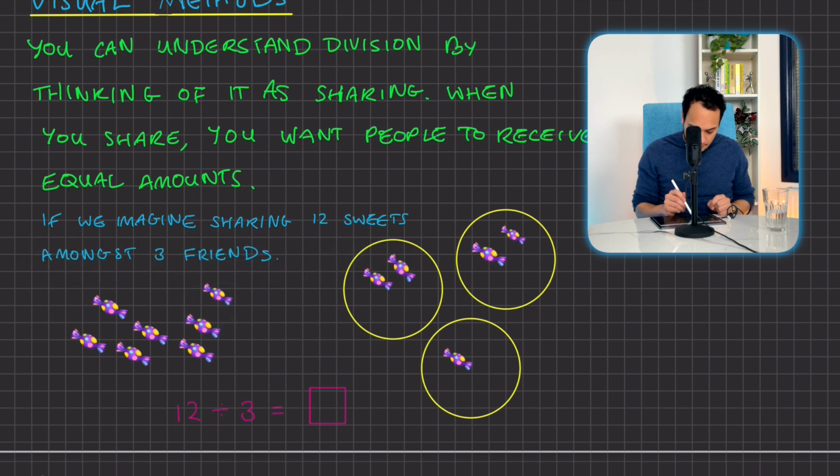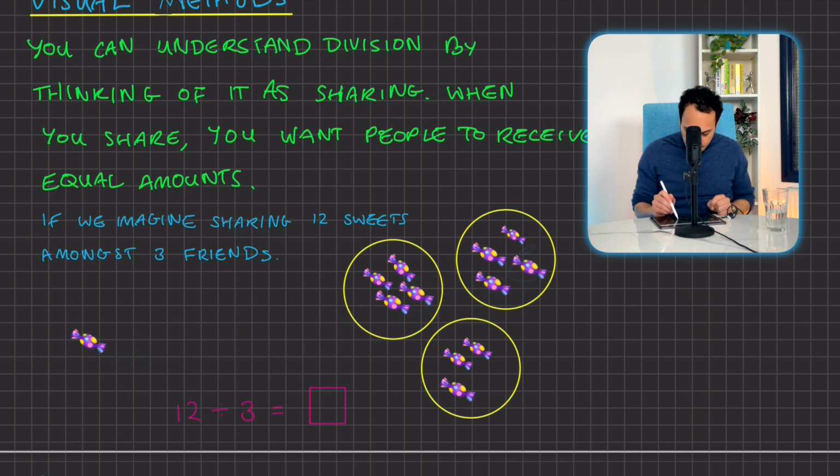So I'm moving that one. So they're getting 2. Then they're getting 3. And then you can see every friend getting 4 sweets each.